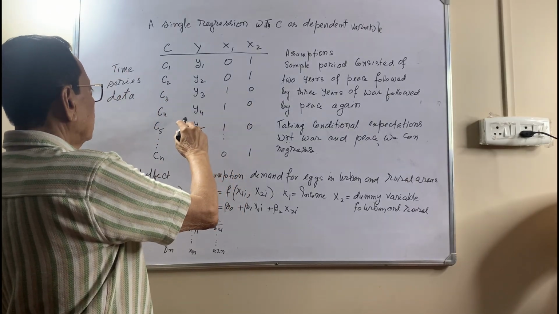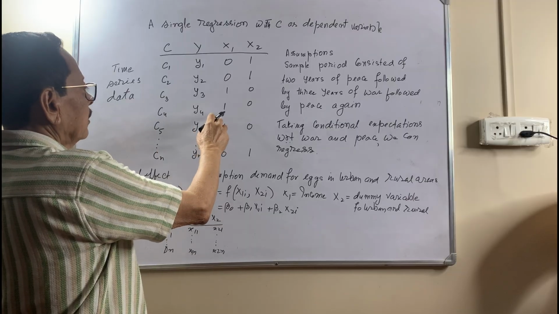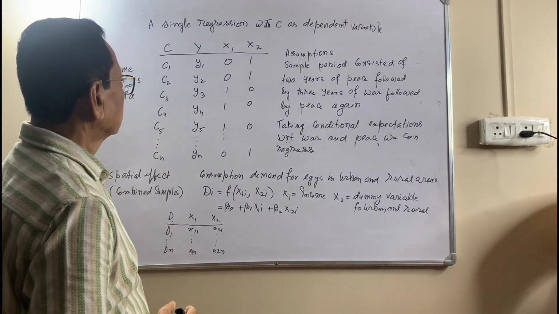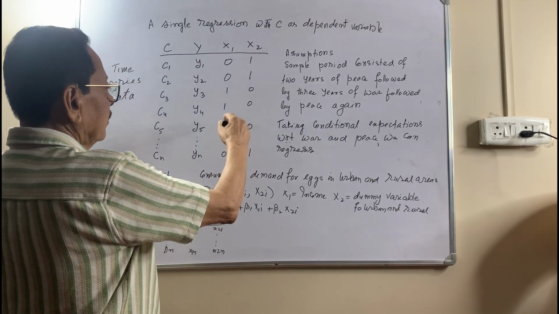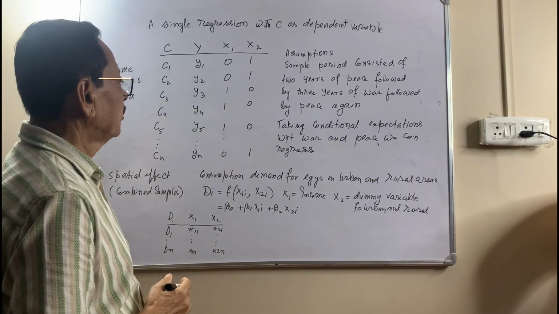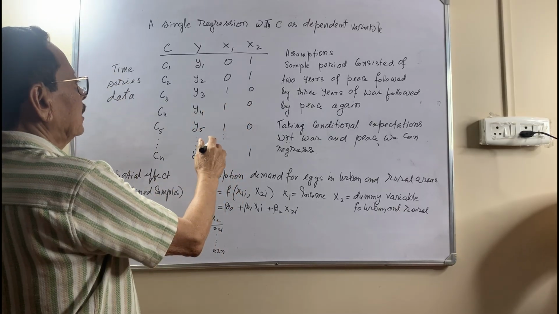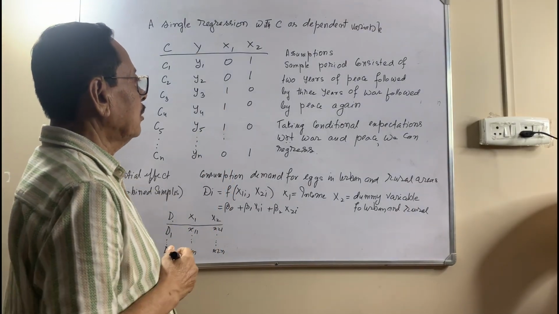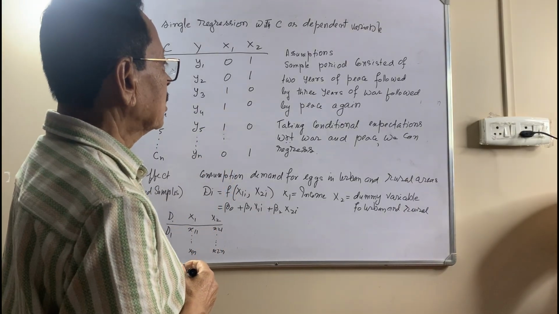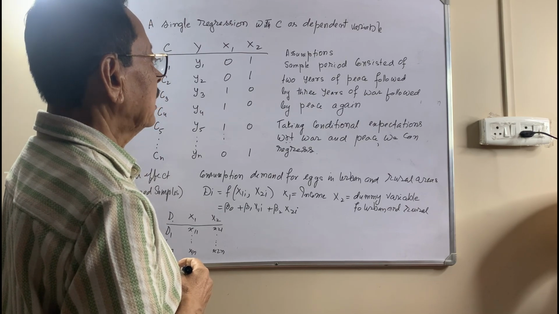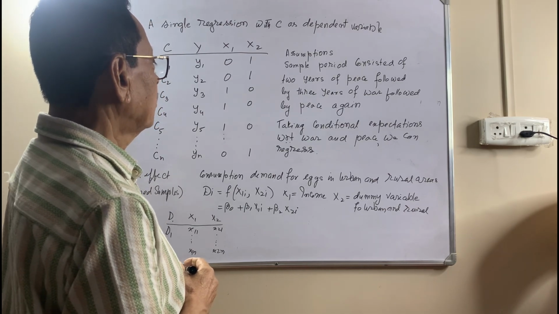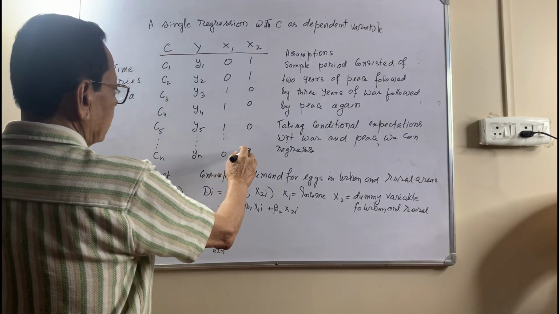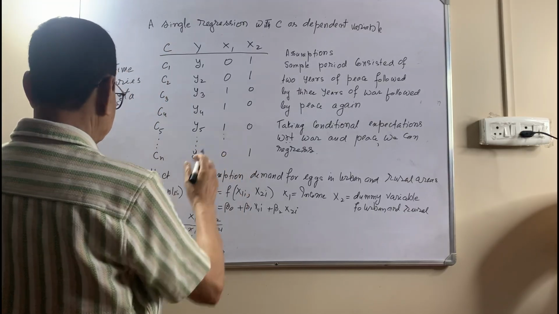Again, for the fourth year, it is 1 in wartime and 0 in peacetime, and so on. The assumption is that the sample period consisted of 2 years of peace, followed by 3 years of war, followed by peace again. Then peace will start again from here.